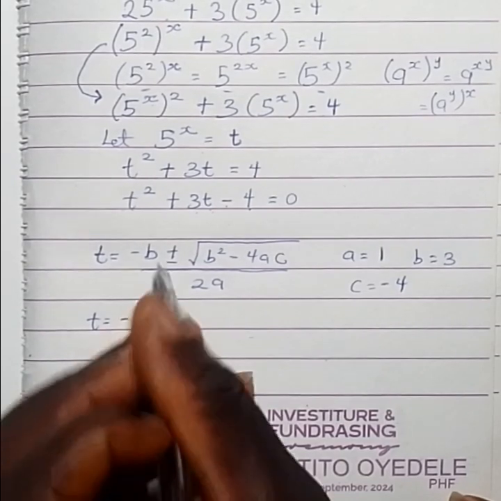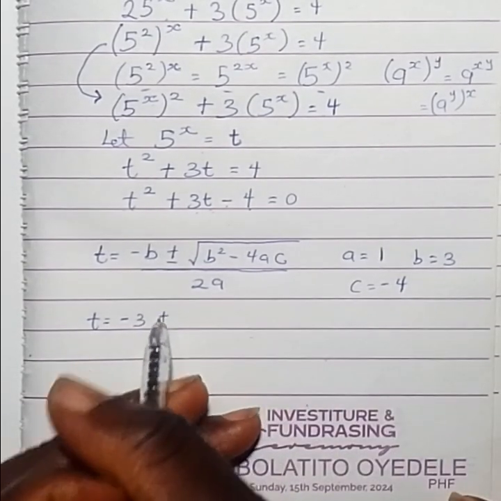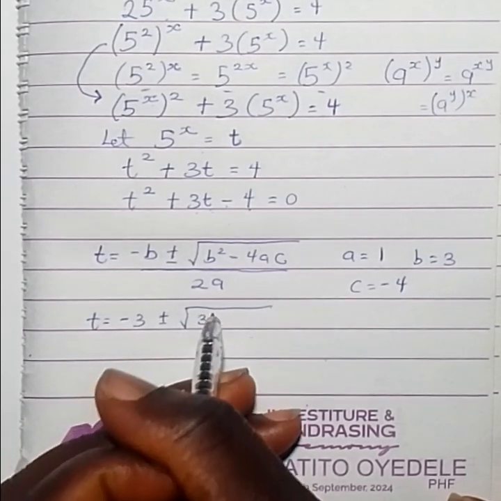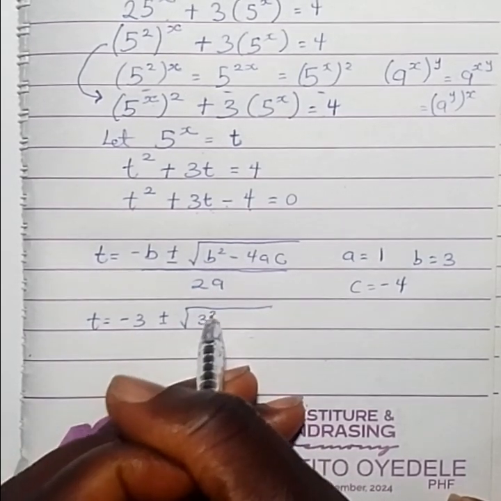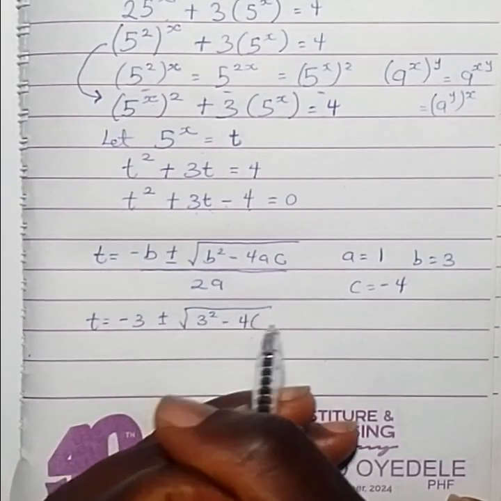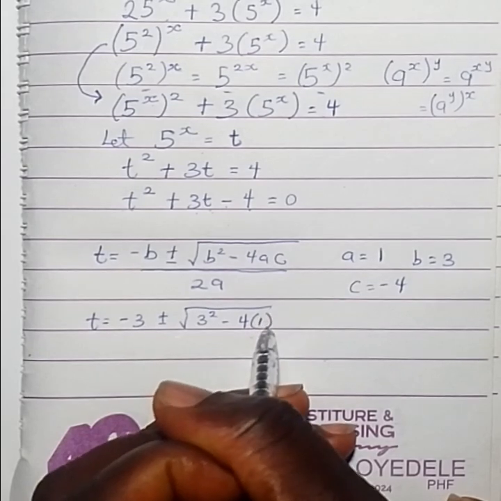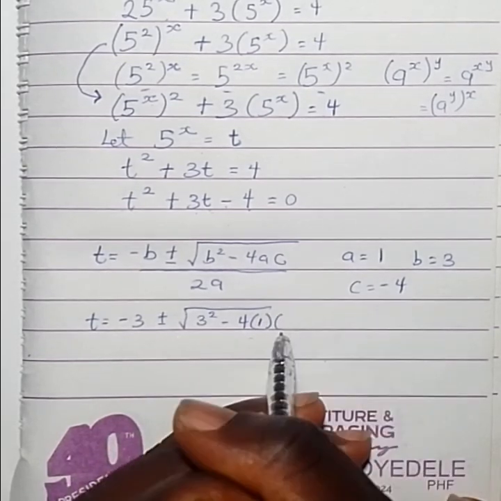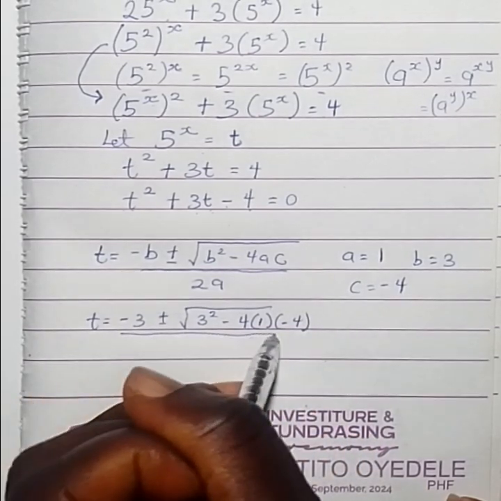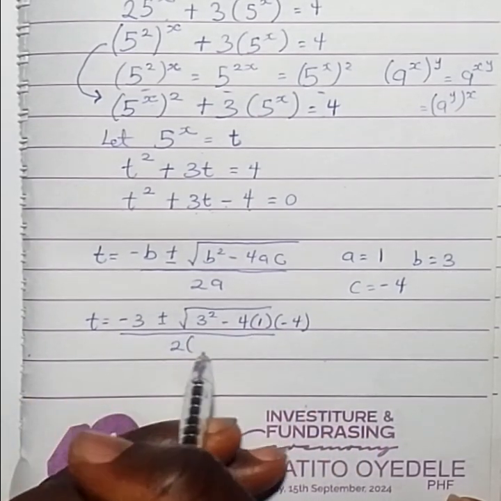So we have t equals minus 3, because b is 3, plus or minus square root of 3 square minus 4, a is 1, c is minus 4, over 2, a is 1.